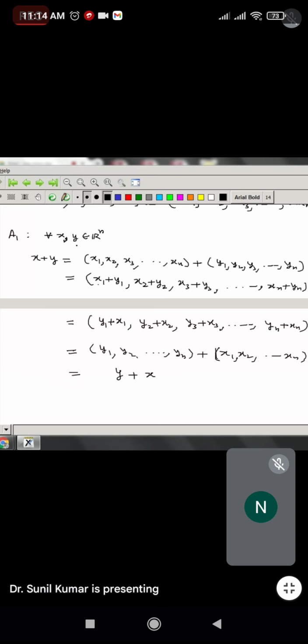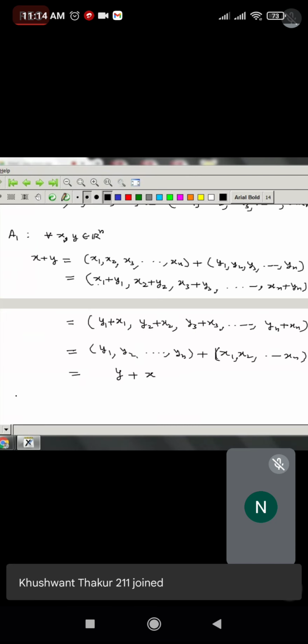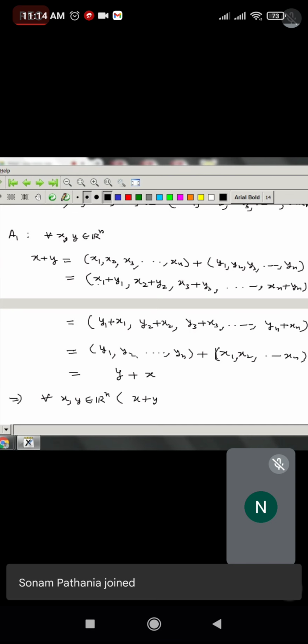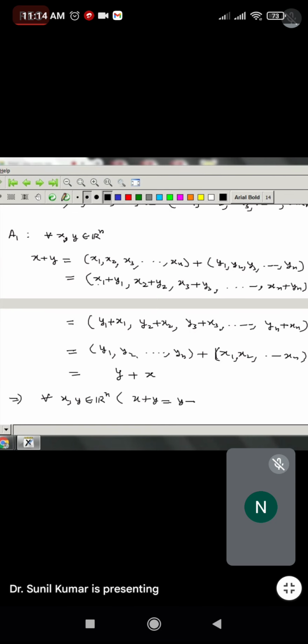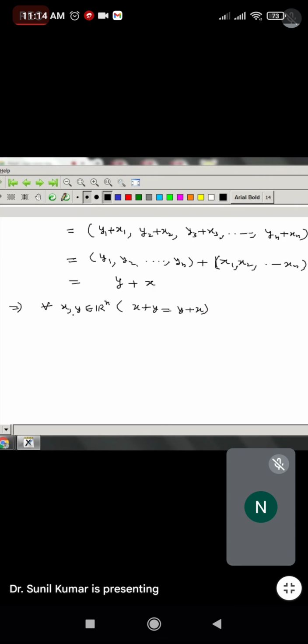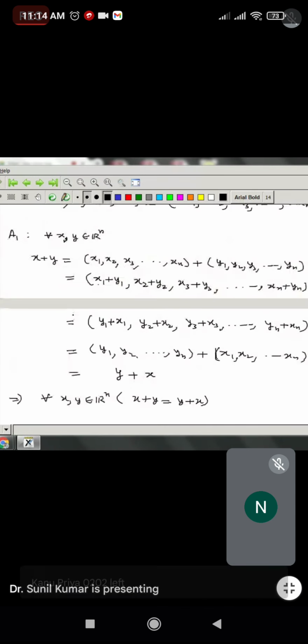So for every x, y in Rn, given any x, y in Rn, x plus y is equal to y plus x. So it satisfies the commutativity under addition. Is it clear to everyone? Take 10 seconds and quickly revise this one.